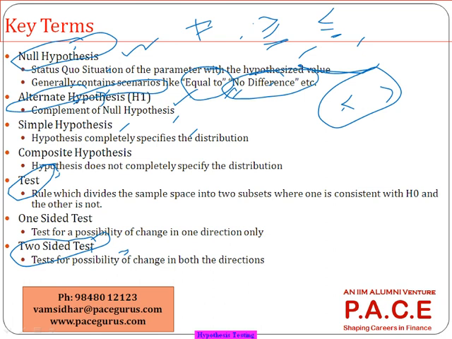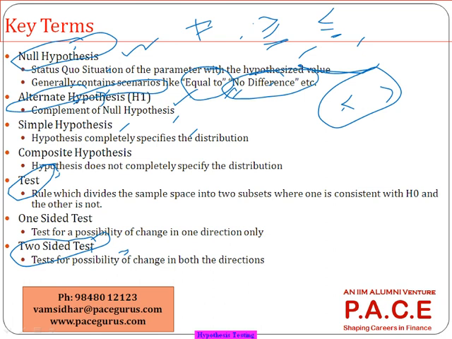Depending on where your sample data is actually lying as per the rule, that is what will bring about a conclusion in our statements.